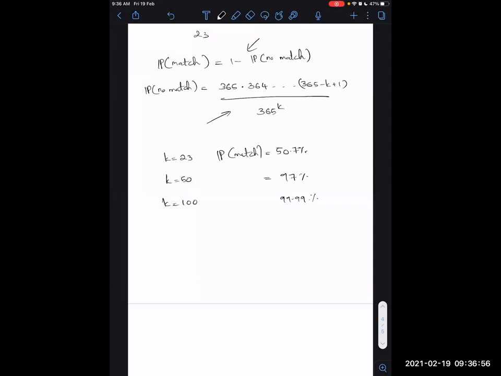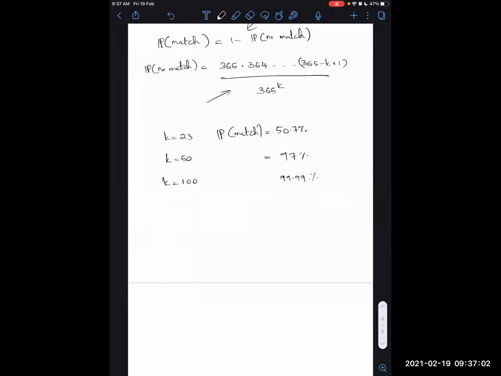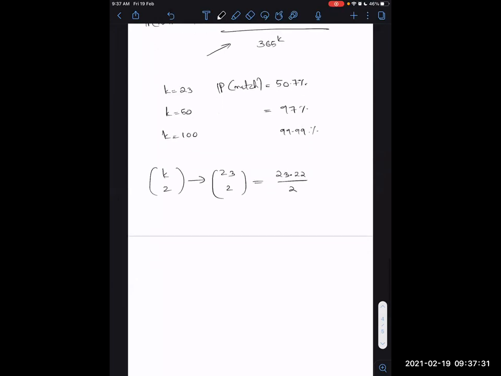To see this intuitively, the idea I can put forward is this. Since we have k people, to have the same birthdays we have to pick two people who share a birthday. How can you pick two people from k people? There are k choose two ways of doing it. 23 choose 2 turns out to be 23 times 22 by 2, which is 23 times 11, and this would be 253.